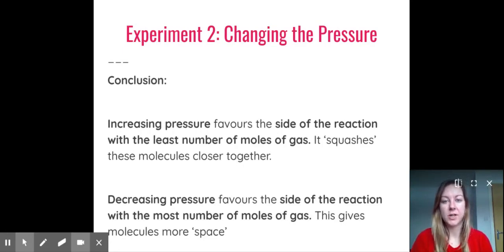So it's going to be beneficial if you are getting squashed together, that there are fewer molecules in that space. Decreasing pressure is just the opposite. Decreasing pressure is increasing the available space for the molecules. So it gives them more space. So that favours the side of the reaction that has more moles of gas, or more molecules of gas taking up the space.